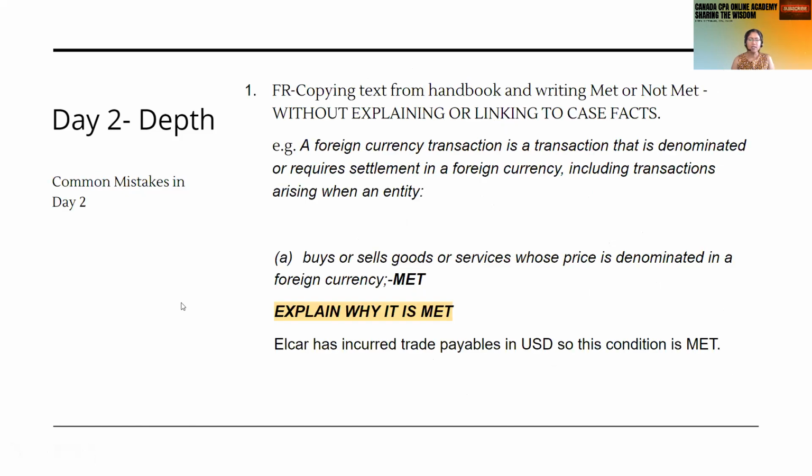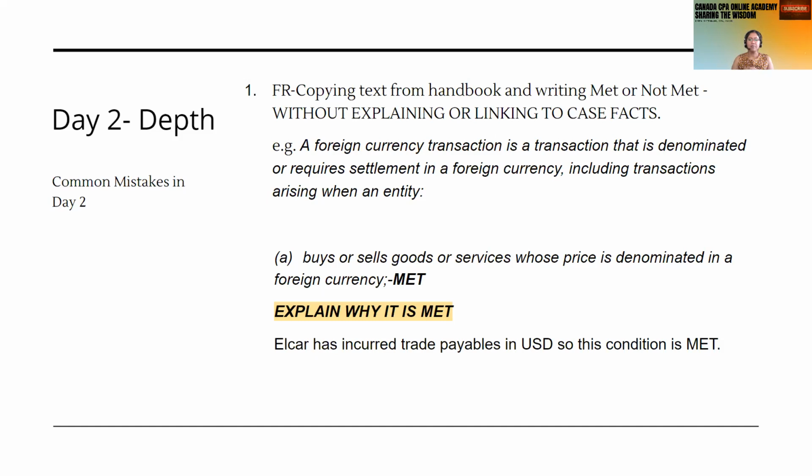Next thing, some common mistakes on day 2. You would see that for FR, copying the text from the handbook and writing just met or not met for the condition without explaining or linking to case facts is a very common mistake, especially if you're starting to practice the cases just now. This is a very common mistake that I find again and again while marking the cases.